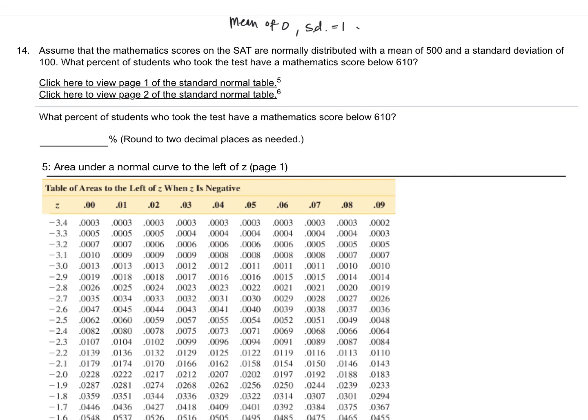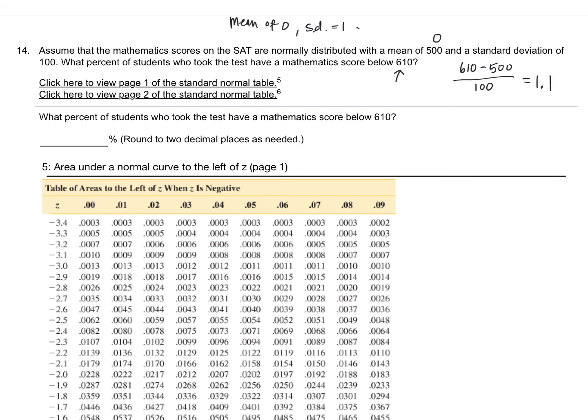To get these into z-scores, the mean will end up being 0. Right now it's 500. To find a specific z-score, you take that score, subtract off the mean, and then divide it by the standard deviation. So you would do 610 minus 500, that'll give you 110, divided by 100 would give you 1.1.